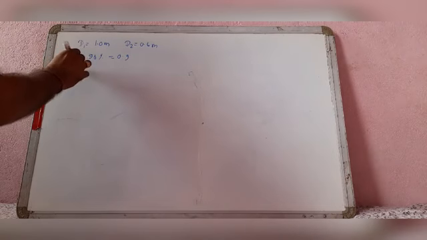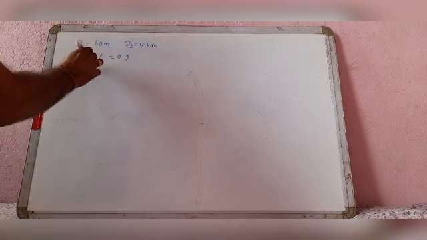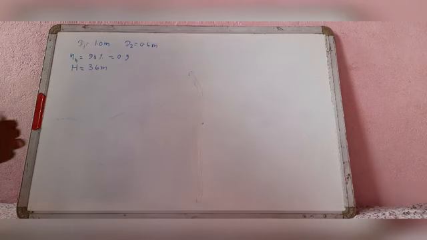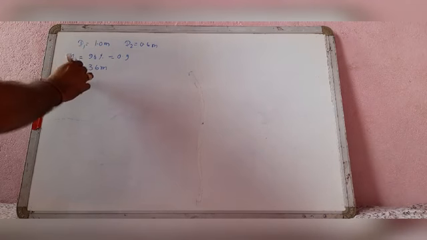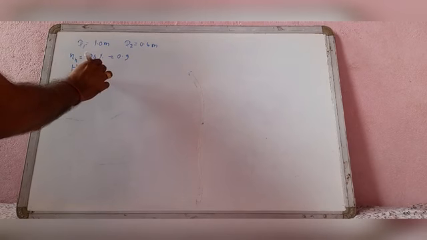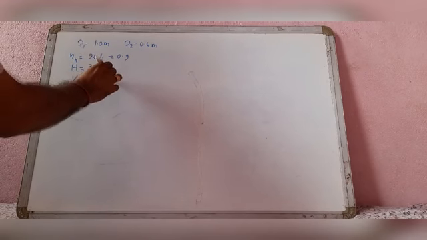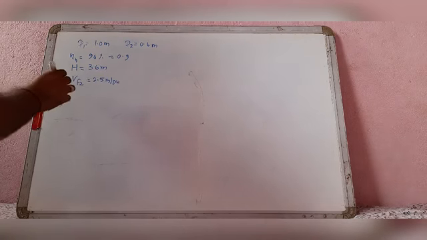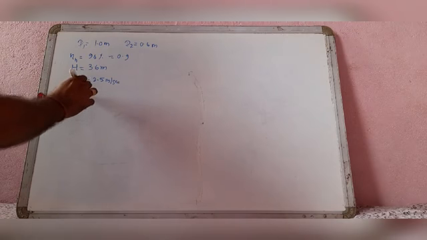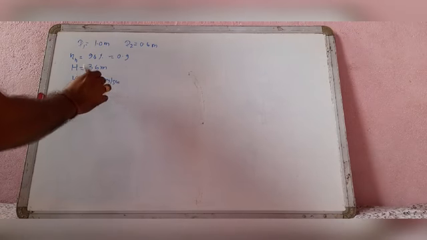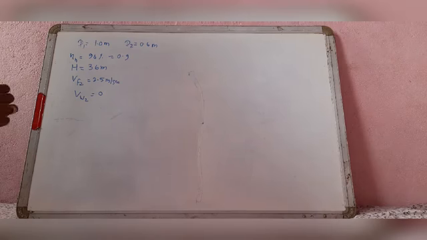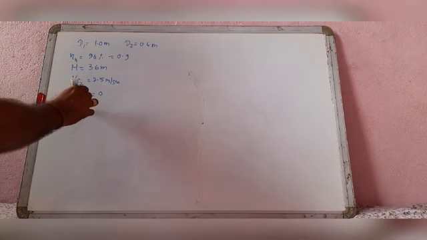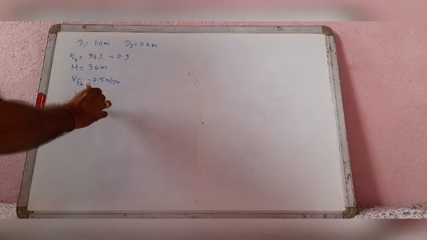Head is given 36 meter. Velocity of flow at outlet Vf2 is 2.5 meter per second. Discharge is radial, that means Vw2 equal to 0. The outlet vane angle phi is given 15 degree.